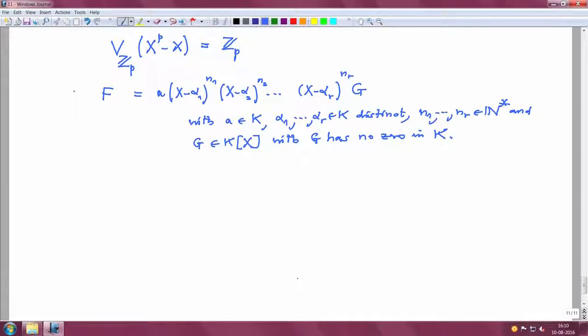It may happen g could be prime or may not be prime. If it is not prime, you can further decompose it into prime factors, but those prime factors will also not have any zeros in the field k.